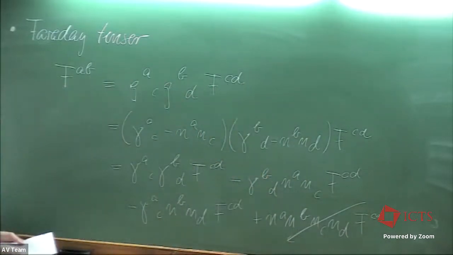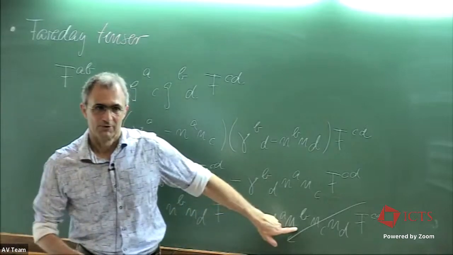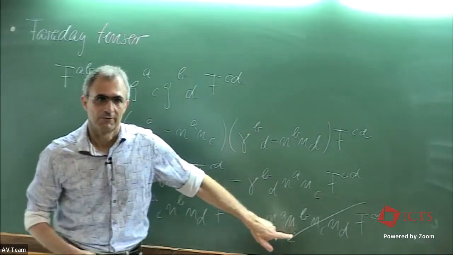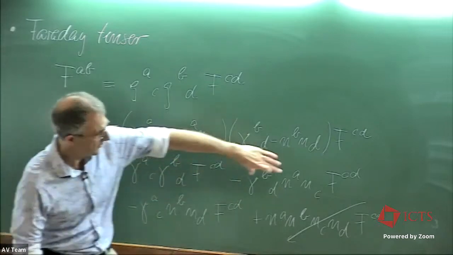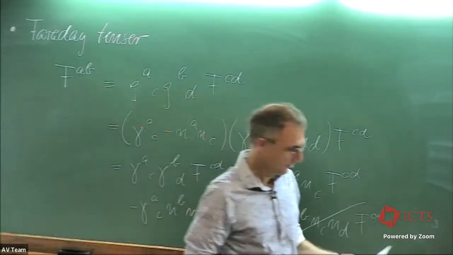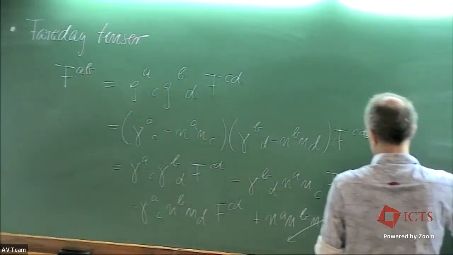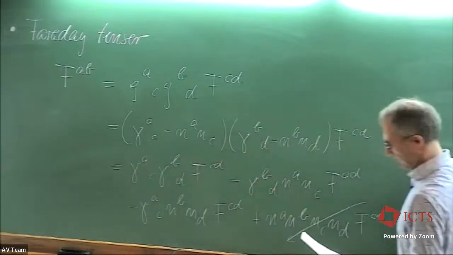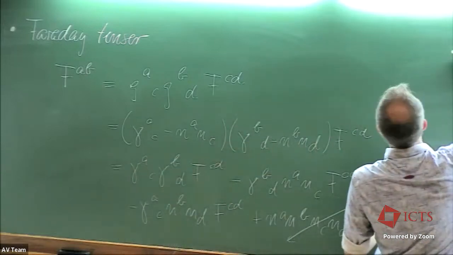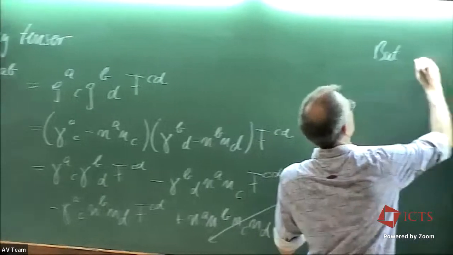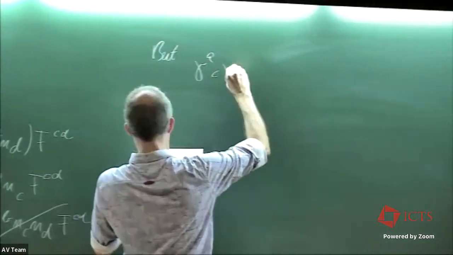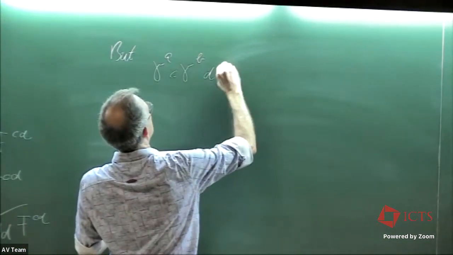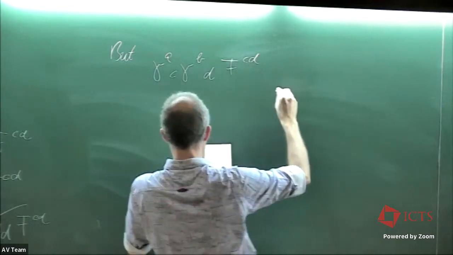That is actually the normal projection, so in this case we don't have a normal projection. We only have a spatial one, and then perhaps a mixed spatial-normal one. Let me first look at the first term. Let me rewrite that: gamma_A^C gamma_B^D F_CD.